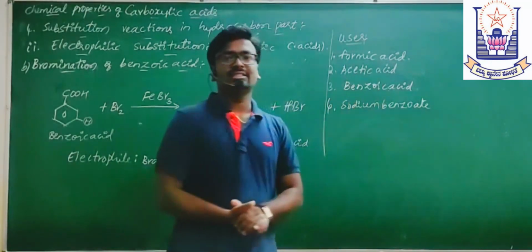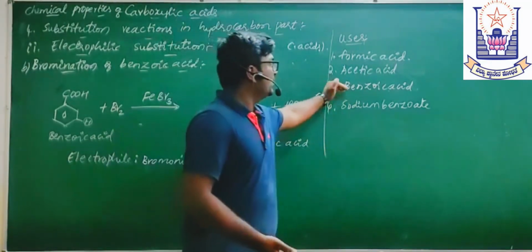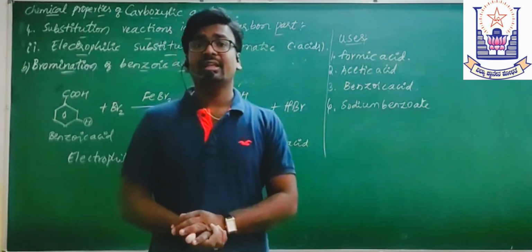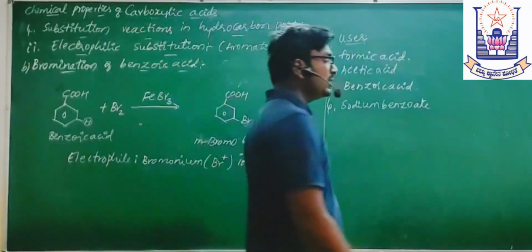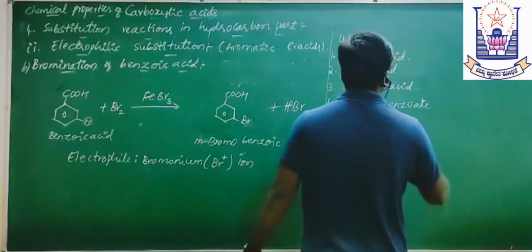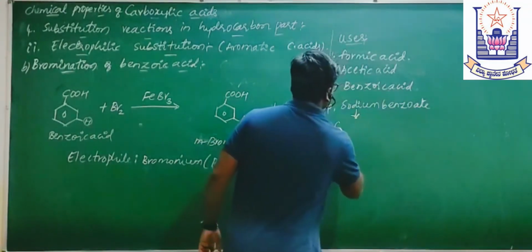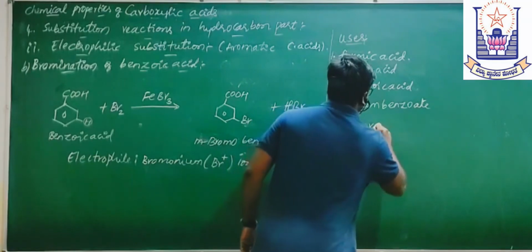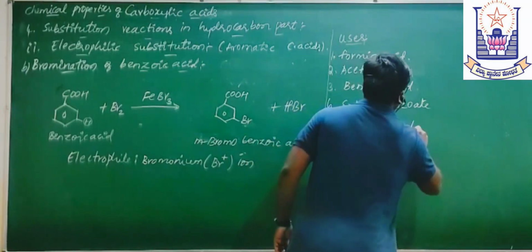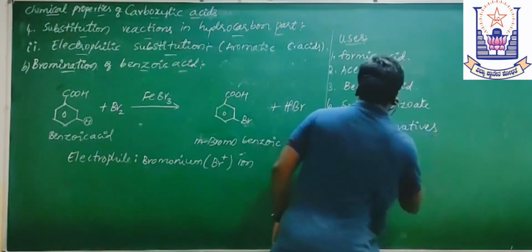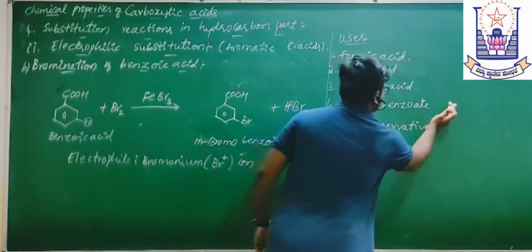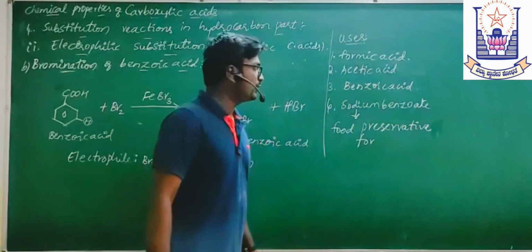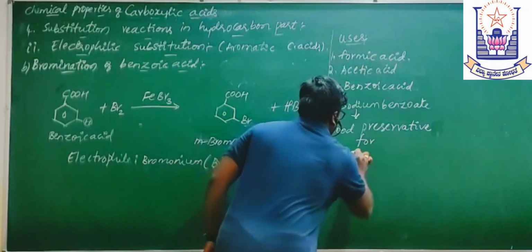And benzoic acid can be converted into sodium benzoate. Now sodium benzoate is used as a food preservative for ketchups and juices.